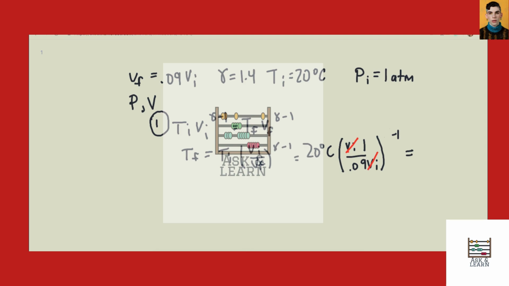They tell us in the problem that it's 1.4, which is close to, for a monatomic ideal gas, I think it's 1.67. Okay, great. So if you plug that into a calculator, you get 495 Celsius.